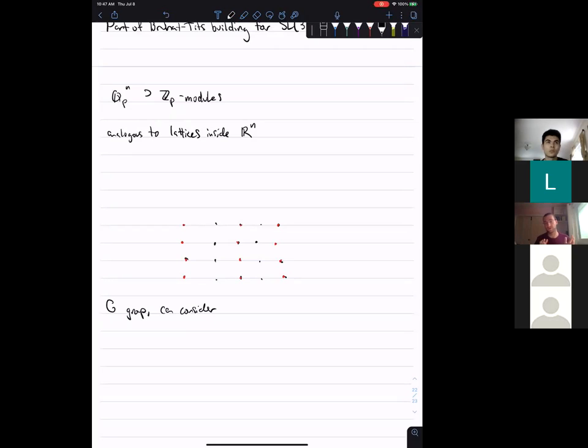Every group has a Haar measure, and that allows you to talk about L2 functions on the group. So you can consider L2 of G. These are functions on the group, and this gives you a representation of the group. So G gives a representation called the regular representation.